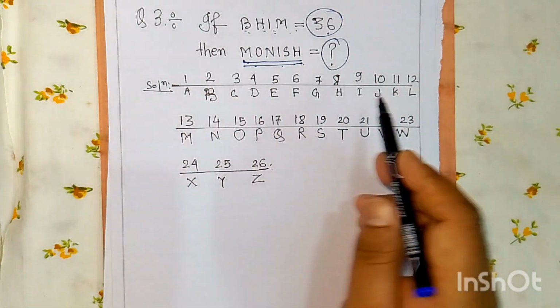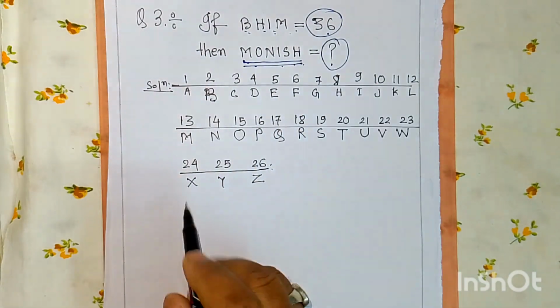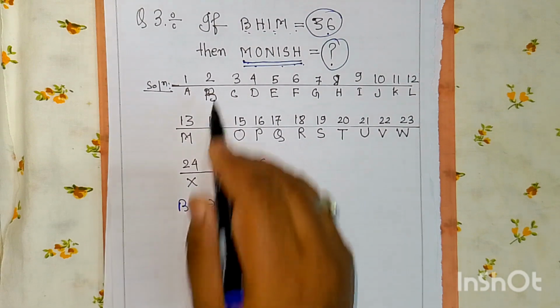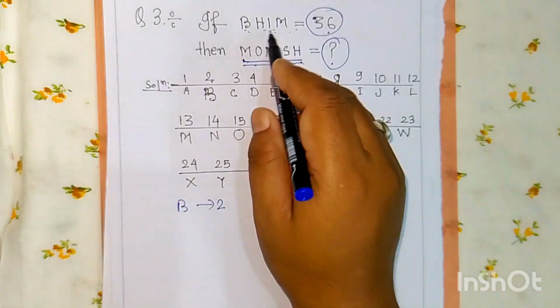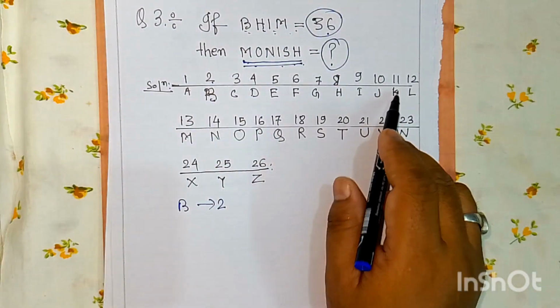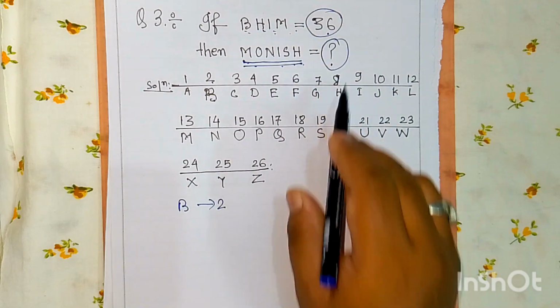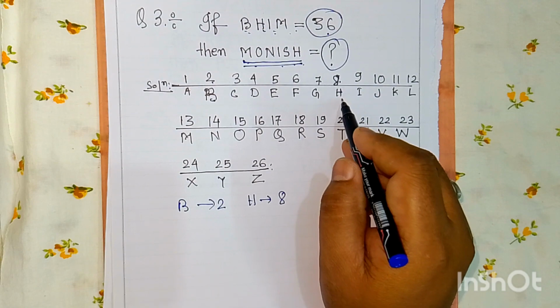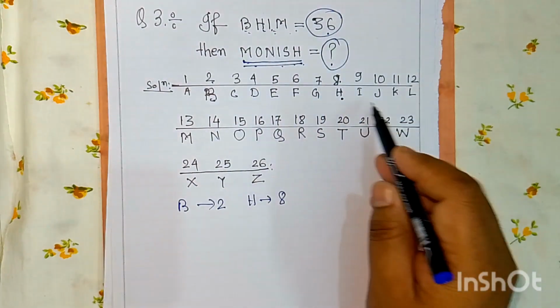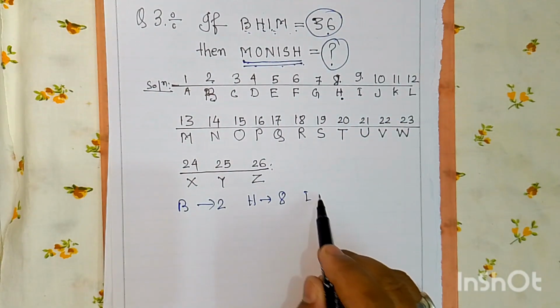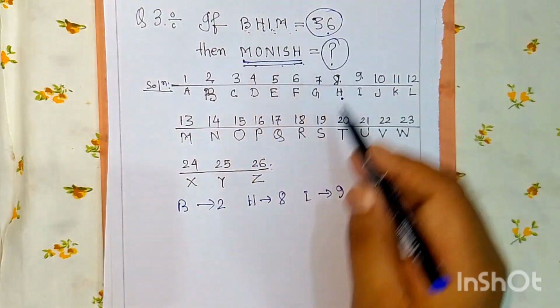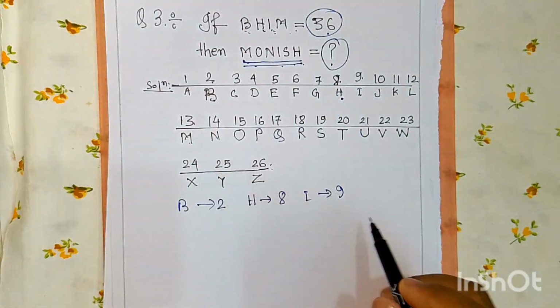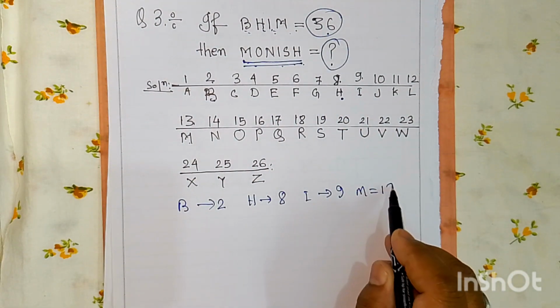Now if we see here, B carries the number 2, H corresponds to 8, I is the 9th alphabet, and M corresponds to 13.